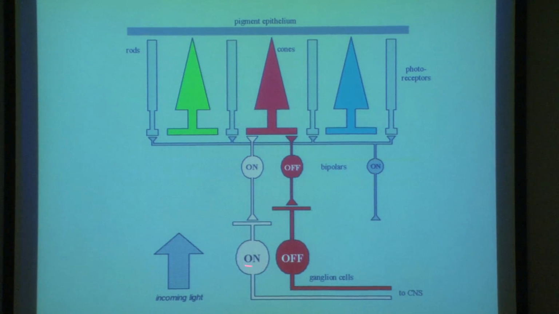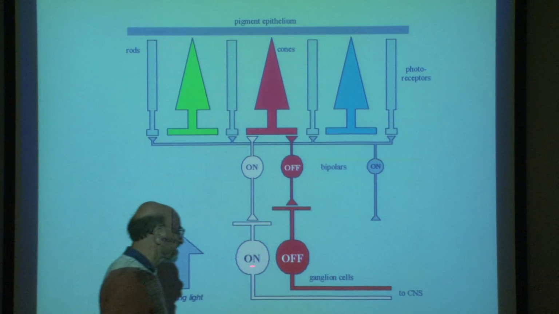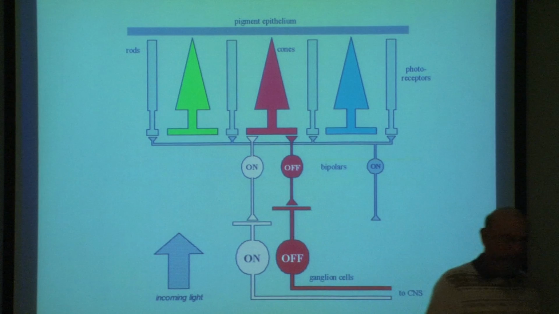Now, if you look further down here, the ganglion cells, and what we have is, of course, that the on and off bipolar cells from the cones feed into the on and off ganglion cells. So now the question is, well, what happens to the rod bipolar cells? How do they connect to these cells, since they do not form a separate pathway?